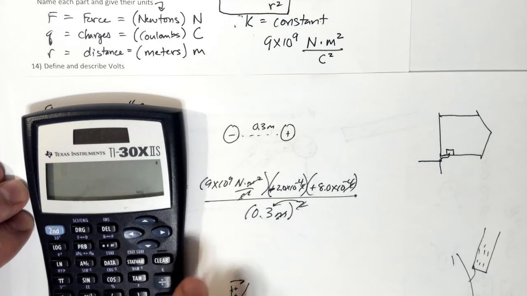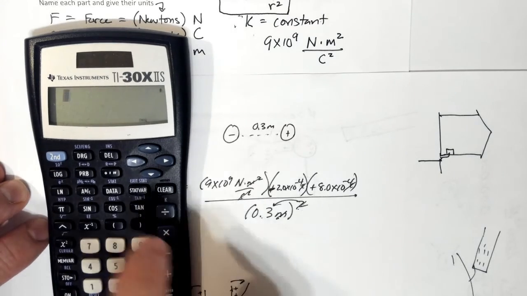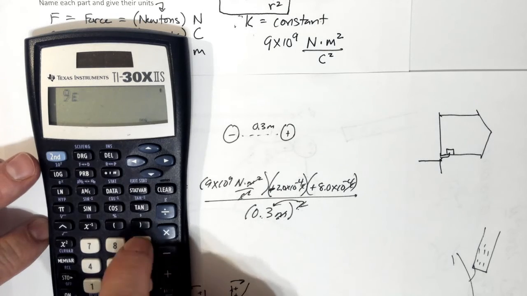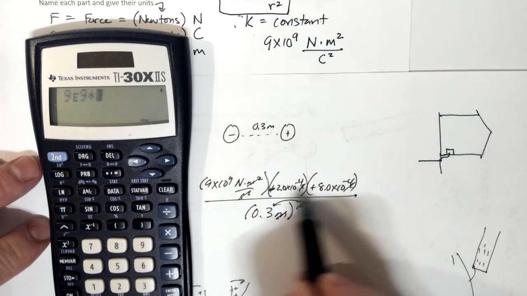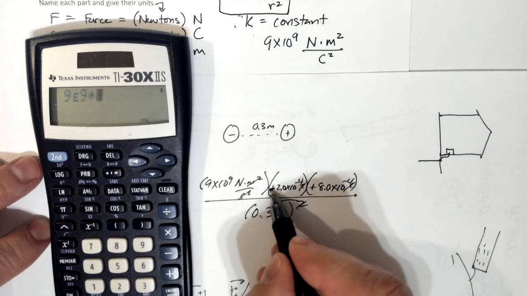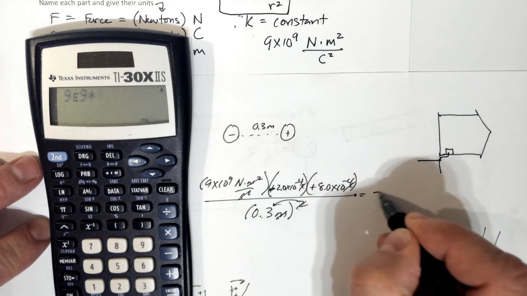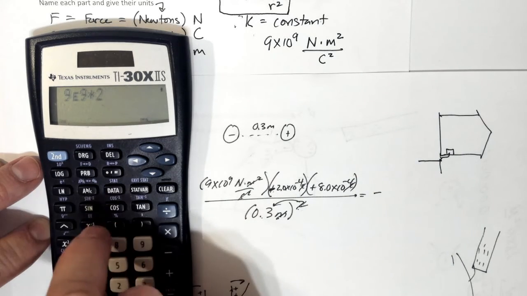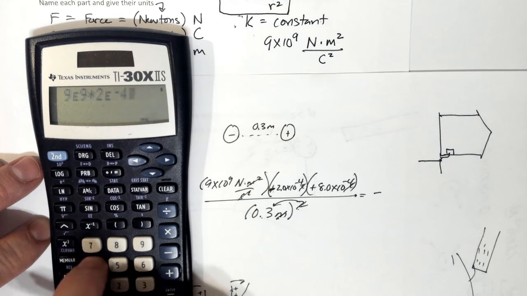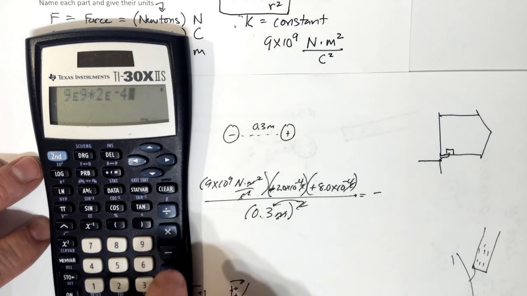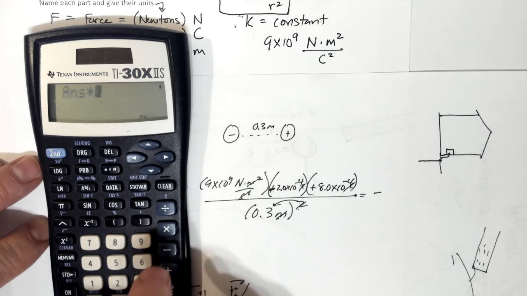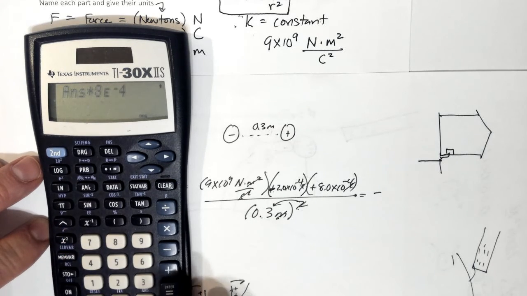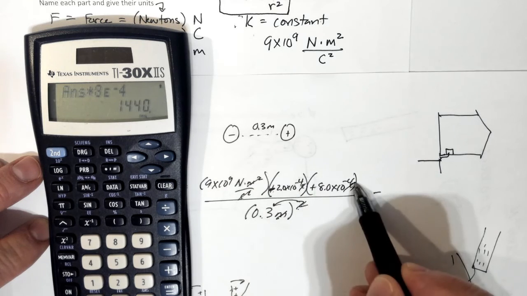I'm going to plug in this number. Don't forget your power of 10 numbers. So 9 shift EE, so there's my EE, times 9, times, I'm going to just go across the top. And I don't need to put in the plus or minus. I know my answer is going to be negative overall because plus times minus. Okay, 2 shift EE, but I do have to put the negative 4 in for the power, equals times 8 shift EE negative 4 equals, so I've done the whole top of math.